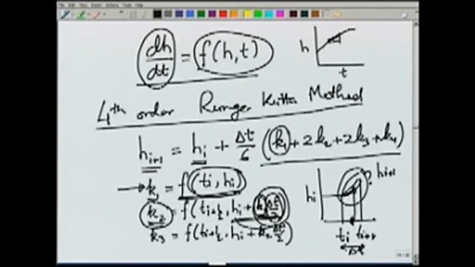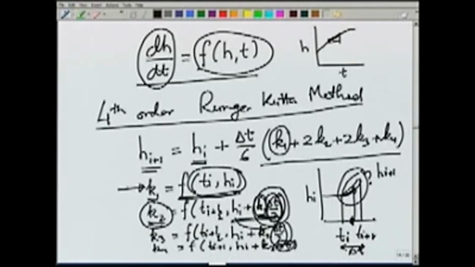So, this delta t by 2 here and here, they are because we are estimating the value at the midpoint, and k4 is evaluated at the end of the time interval. So, t i plus 1, h i, but now using a slope of k3. So, k3 delta t, and now we use delta t because we want the value at the end of the time interval.